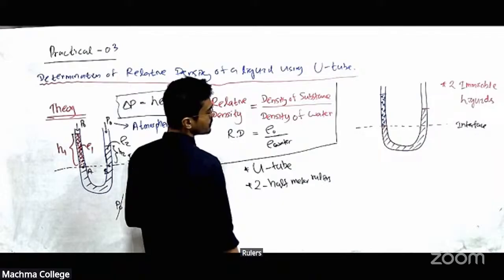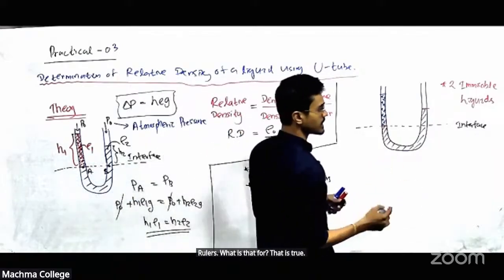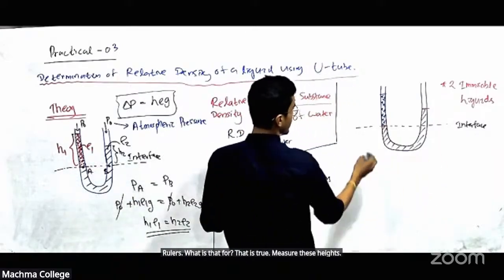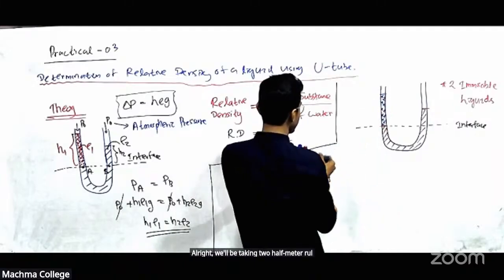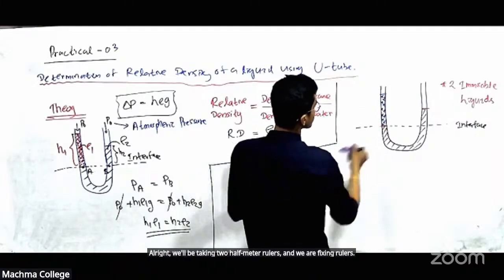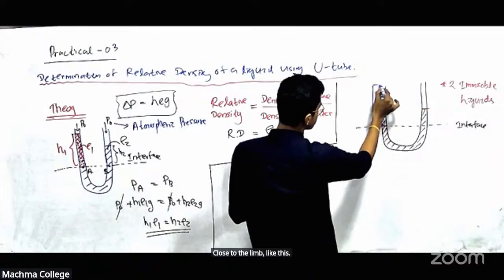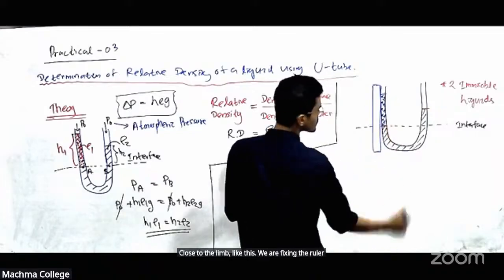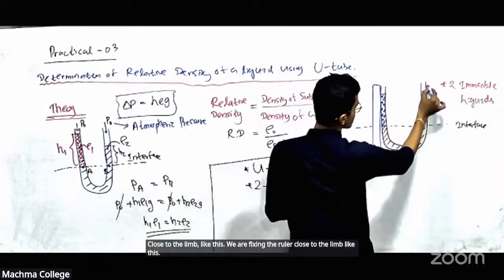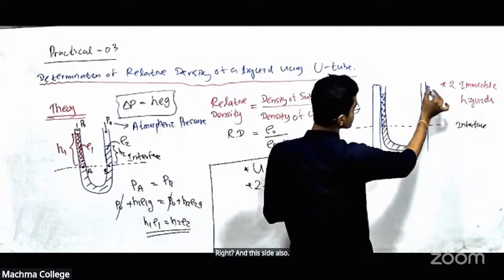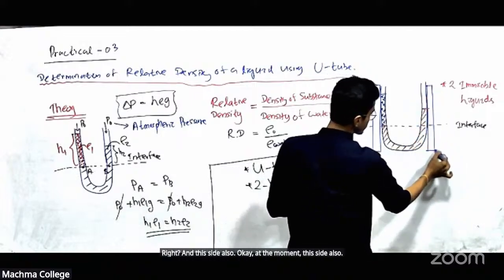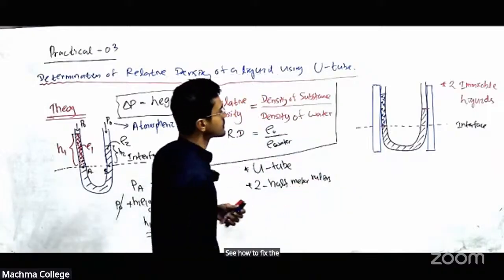What is that for? That is to measure these heights. We'll be taking two half-meter rulers and fixing a ruler close to the limb like this. And this side also, look at the board, we have to fix a ruler close to the limb.